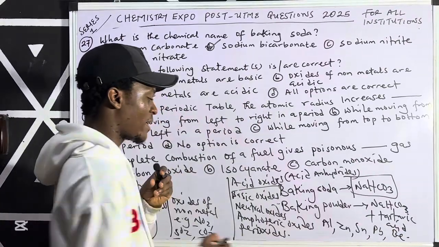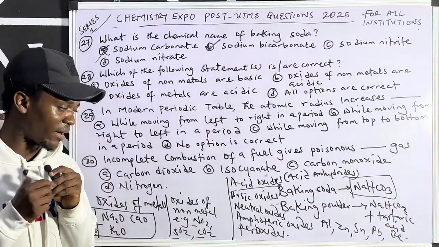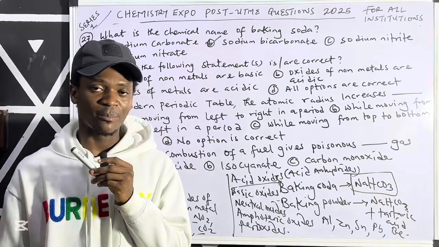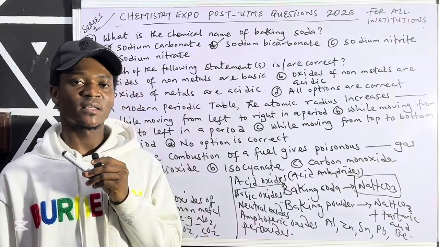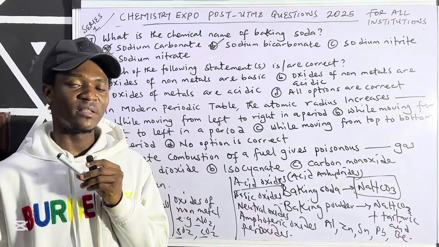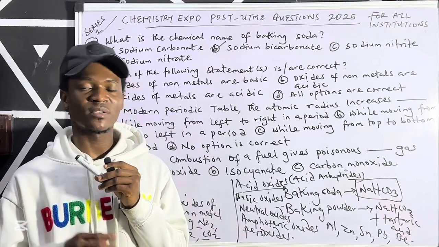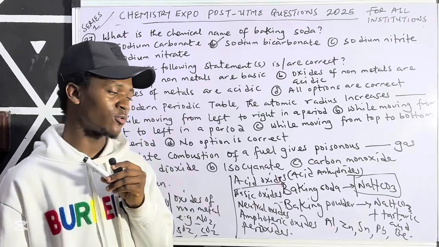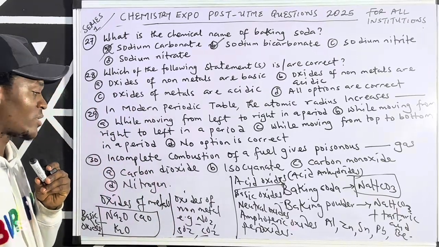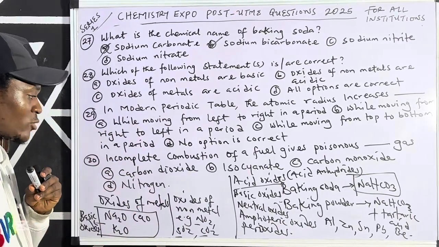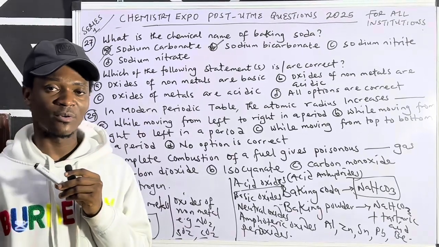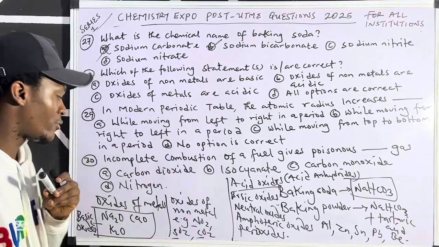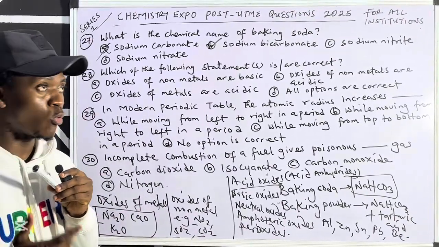Then peroxides are simply compounds in which the oxidation number of oxygen is -1. In most compounds, the oxidation number of oxygen is -2, except in peroxides, which is -1. So we have sodium peroxide, potassium peroxide, even hydrogen peroxide too, which is H2O2.